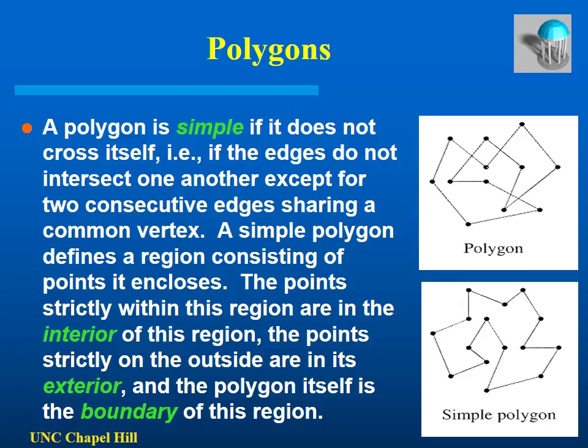A simple polygon defines a region consisting of the points it encloses, the interior of that simple polygon. The points strictly on the outside are the exterior, the interior are strictly on the inside, and the lines themselves form the boundary of the region.